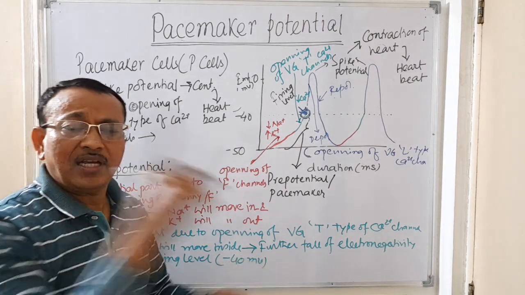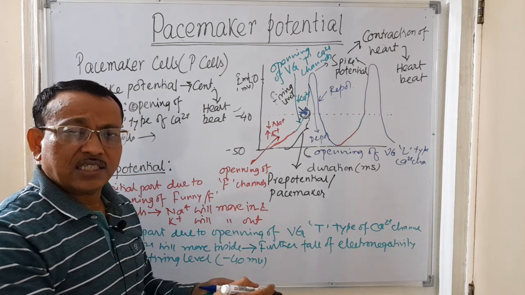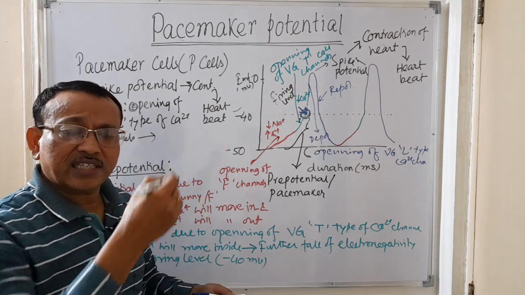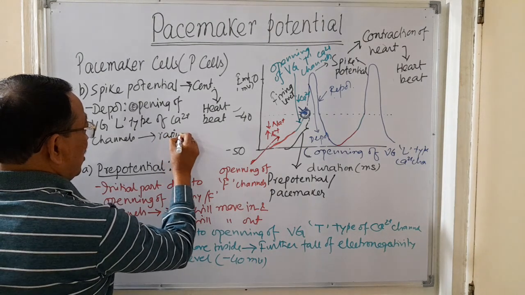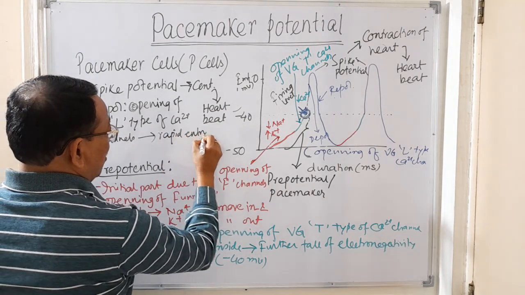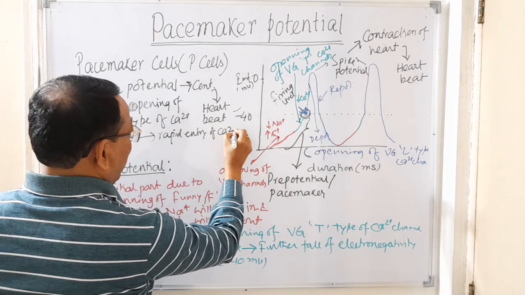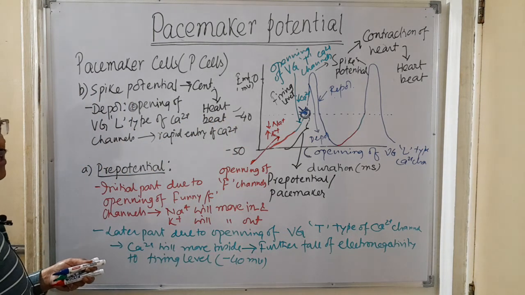Calcium ions will rapidly enter inside the P cell membrane. So there is a rapid entry of calcium ions inside the P cell membrane.